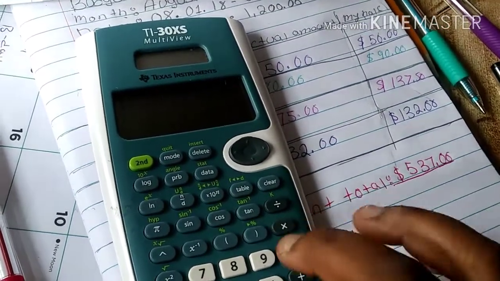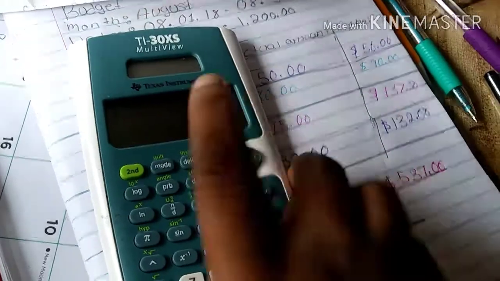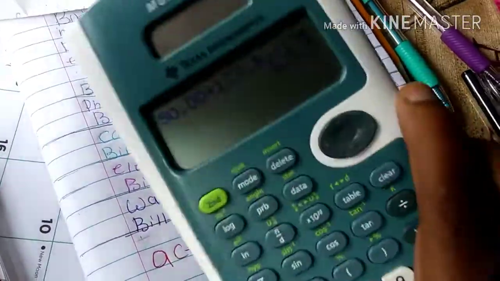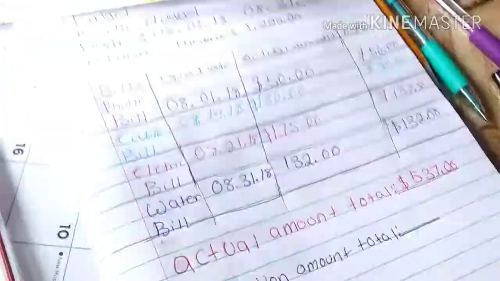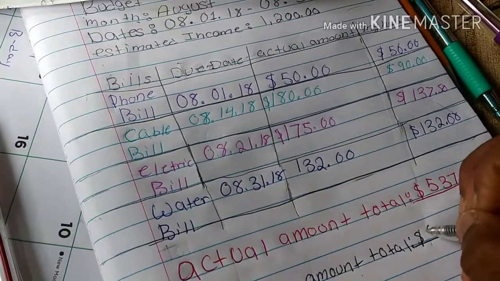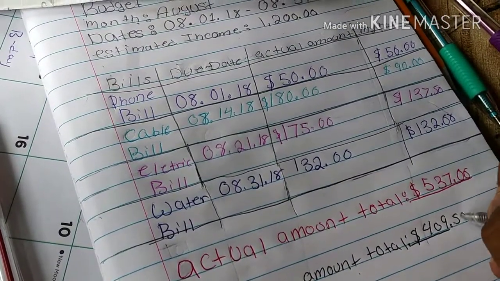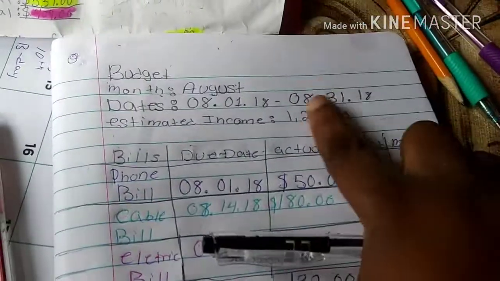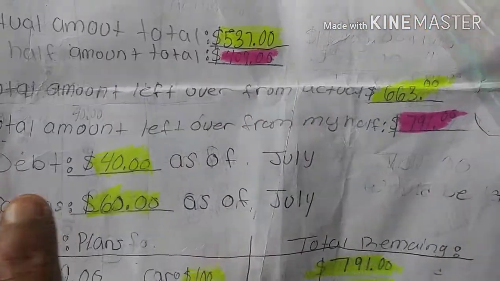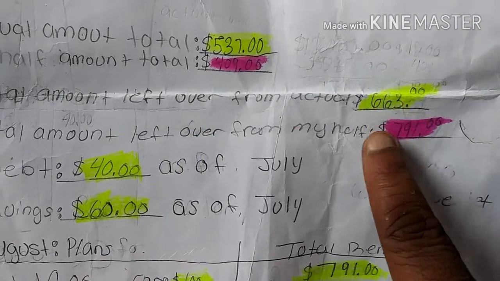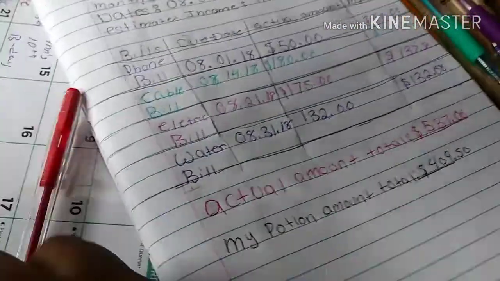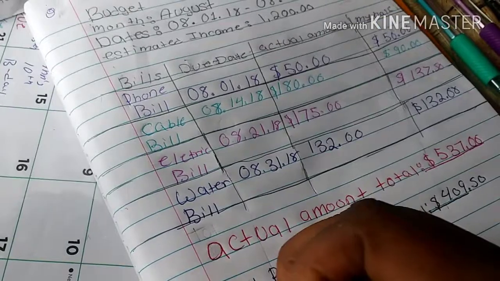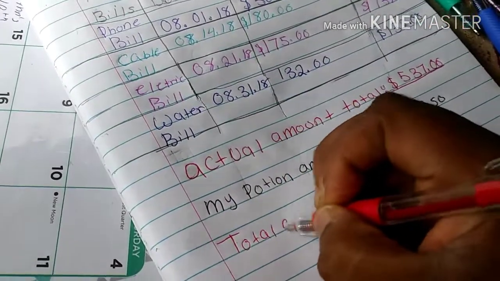Then after that, I am going to subtract both the actual amount and my portion amount from my total income, which is $1,200. As you can see, I have subtracted my total portions of each section of the bills from my total income.